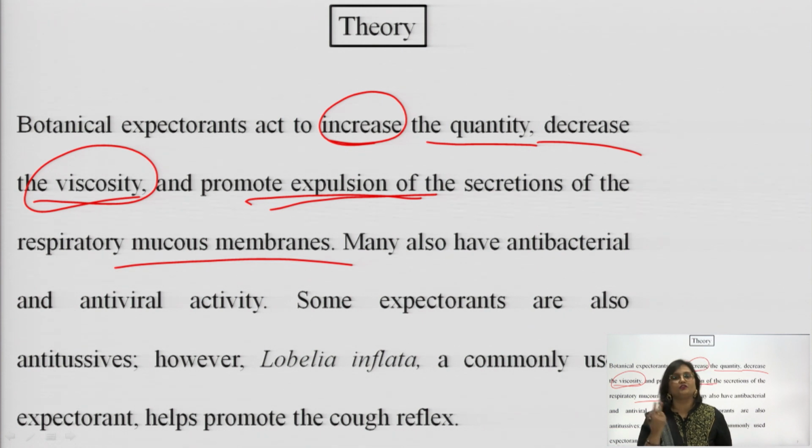Now, the second question: how do they do this? By decreasing the viscosity and increasing the fluidity of the sputum or mucus. Hence, they promote expulsion through the respiratory tract.